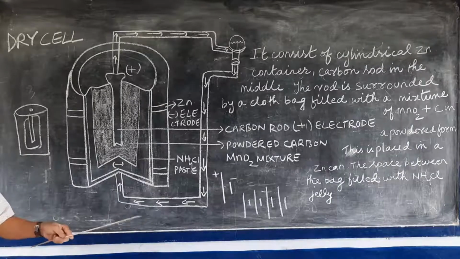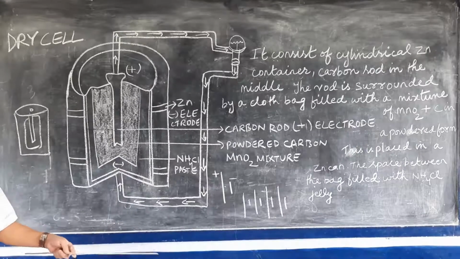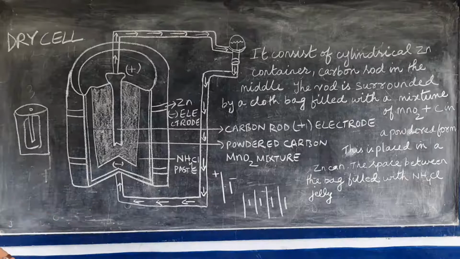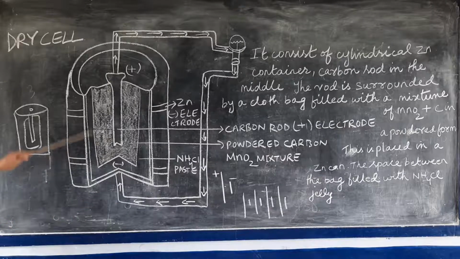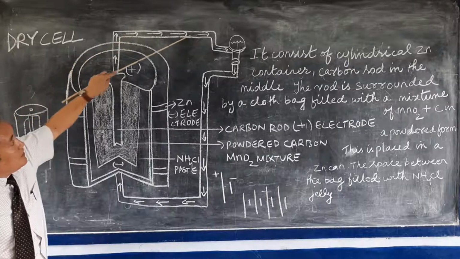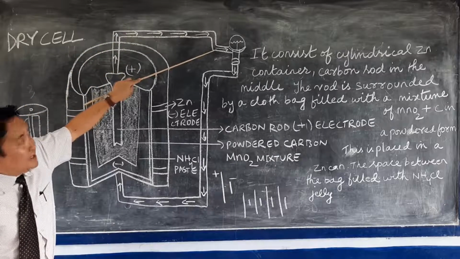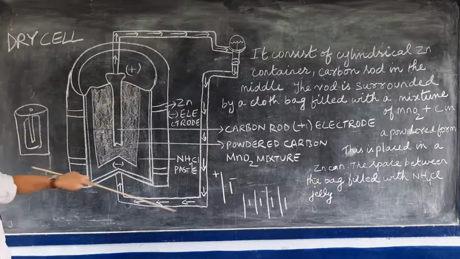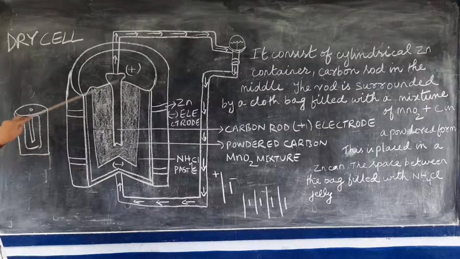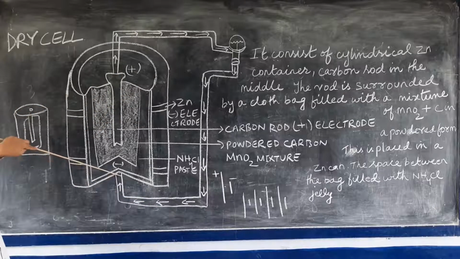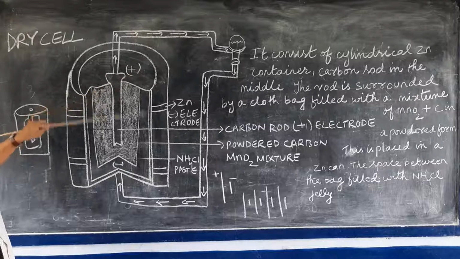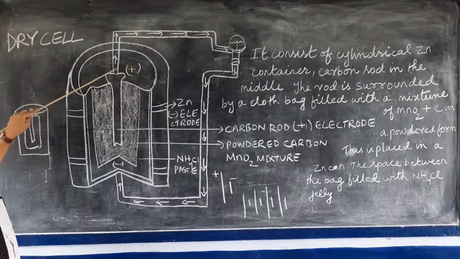that is, with some wire and a bulb, then the current will flow from the positive terminal of the cell towards the negative terminal. We know that the current flows from positive to negative, whereas the electrons flow from negative to positive.